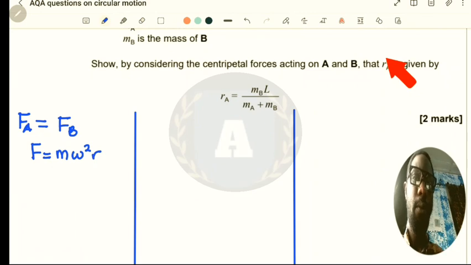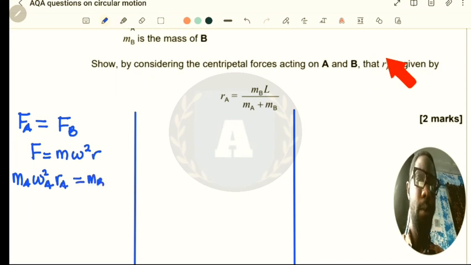So the centripetal force for A, mass of A multiplied by the square of the angular velocity of A multiplied by the radius of A, equals mass of B multiplied by the square of the angular velocity of B and the radius of B.